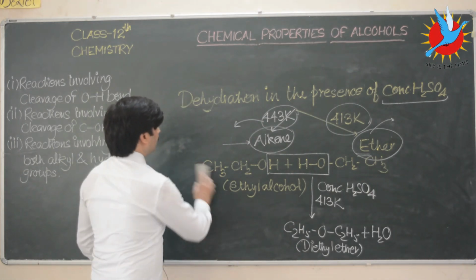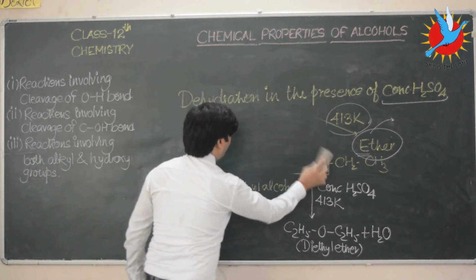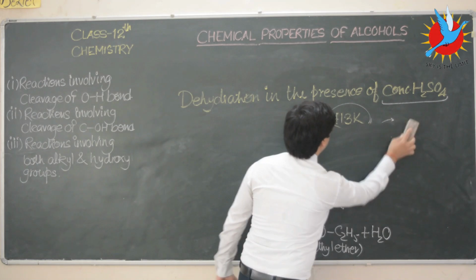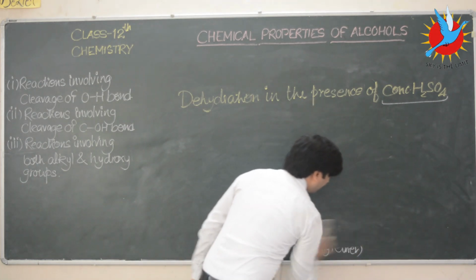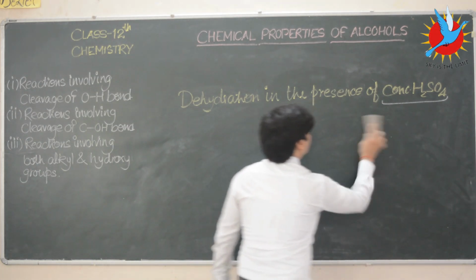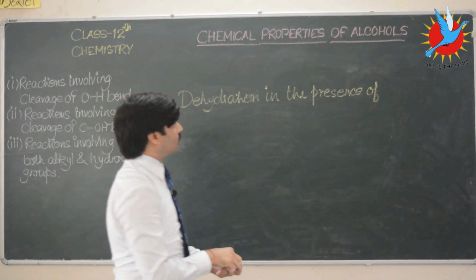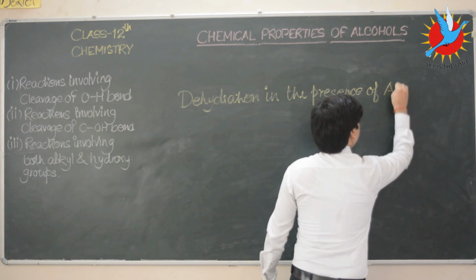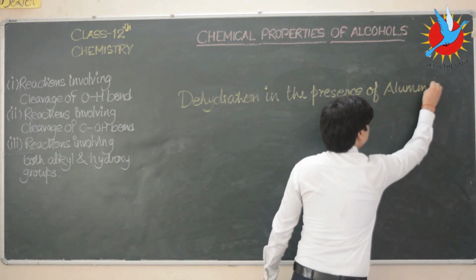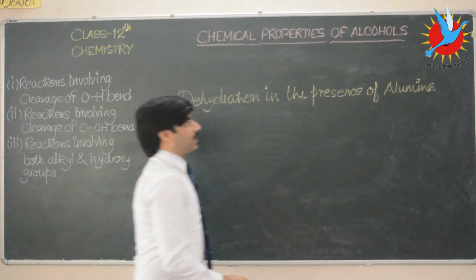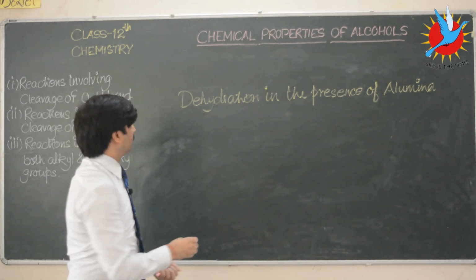In the same manner, dehydration of alcohol can take place in the presence of alumina. So next we are talking about dehydration in the presence of alumina. That is also a temperature based reaction.